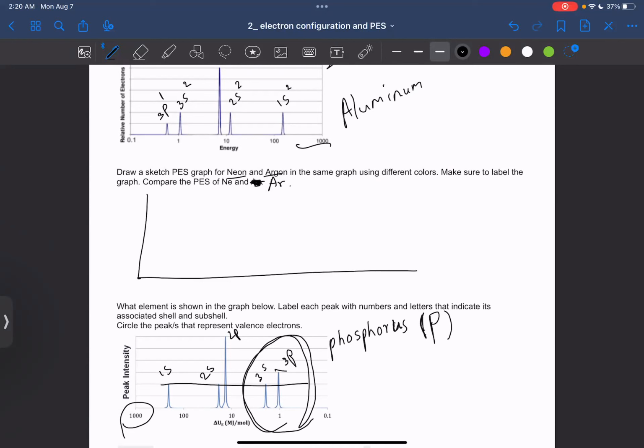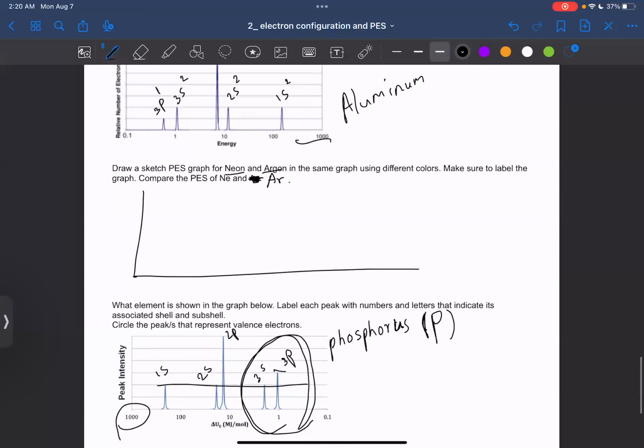If you look at them, they are one on the top, one on the bottom. So neon, let me just use this side here to write it. Neon is 1s2, 2s2, 2p6. When you go to argon, it's 1s2, 2s2, 2p6, 3s2, and 3p6.